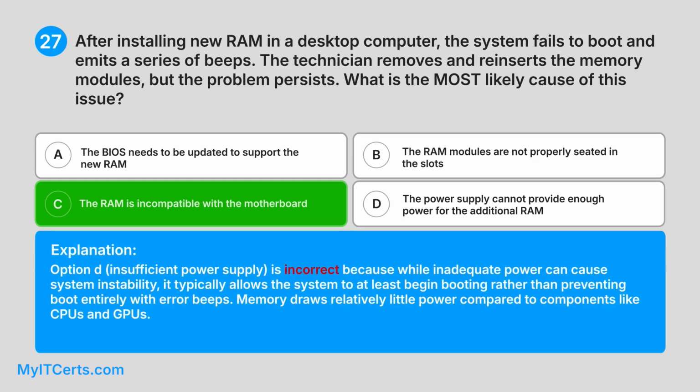Option D, the power supply cannot provide enough power for the additional RAM, is incorrect because while inadequate power can cause system instability, it typically allows the system to at least begin booting rather than preventing boot entirely with error beeps. Memory draws relatively little power compared to components like CPUs and GPUs.